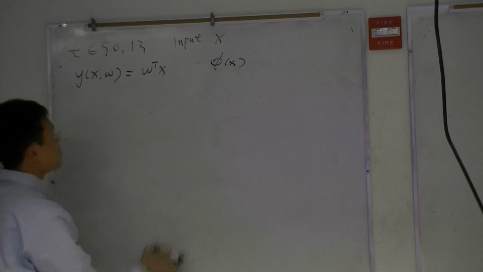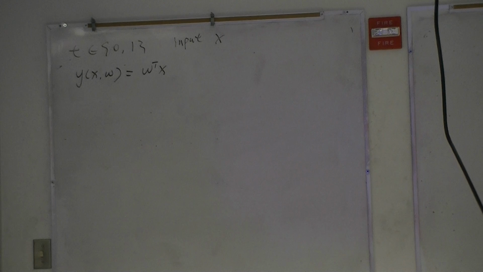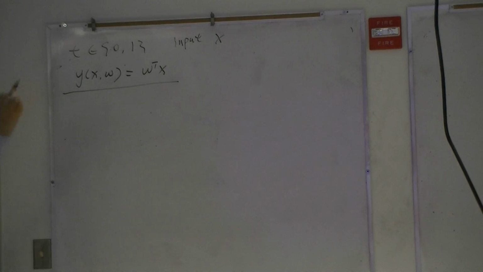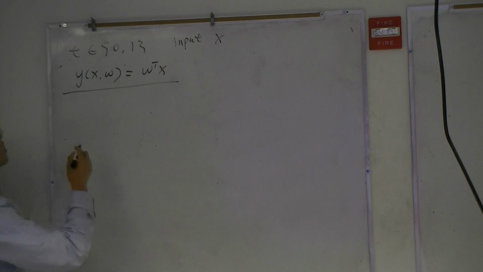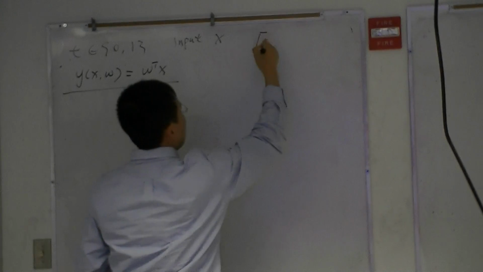For ease of exposition, we only use x here. This is ordinary linear regression, and the output y can be any real number. If x goes to infinity, then y also goes to infinity, something like this. So we want a way to bound the output within a region.